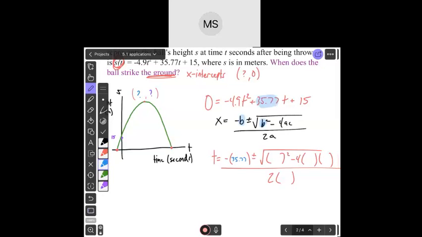It goes there and there. A, that's our A value, the negative 4.9. Make sure you get that negative on there. And then C, that's our C value. So getting it all plugged in.